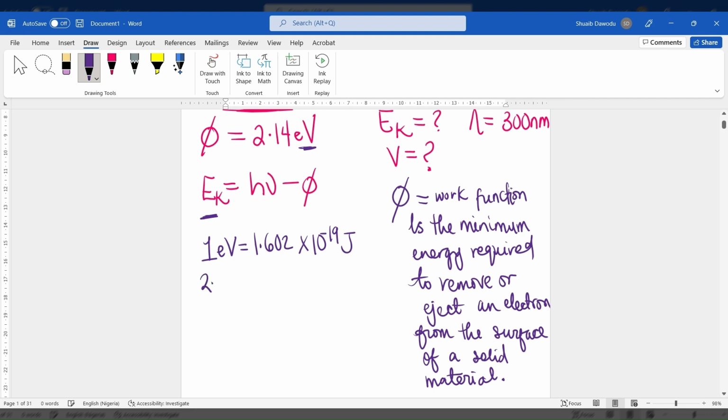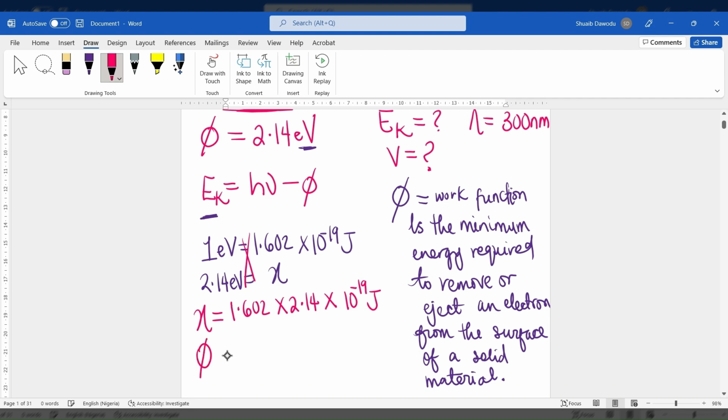So 2.14 eV is going to equal X. Simply cross multiply: X is equal to 1.602 times 2.14 times 10 raised to the power of negative 19 joules. So the new value for the work function is 3.42828 times 10 raised to the power of negative 19 joules.